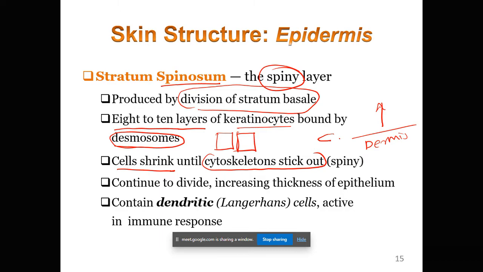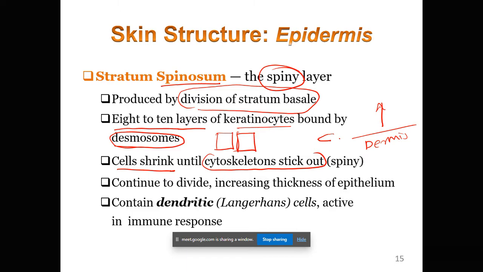They also change in shape. Whatever cells are there in the stratum basale have a cuboidal or columnar shape, but the cells in the upper layers have a somewhat flattened shape. And why do they get this flattened shape?